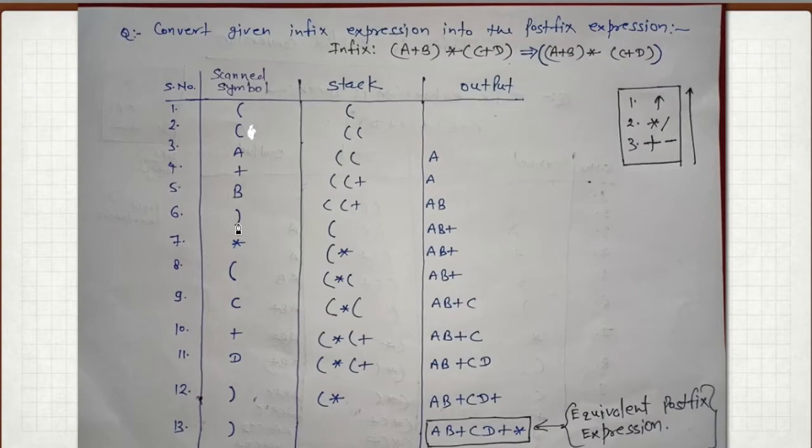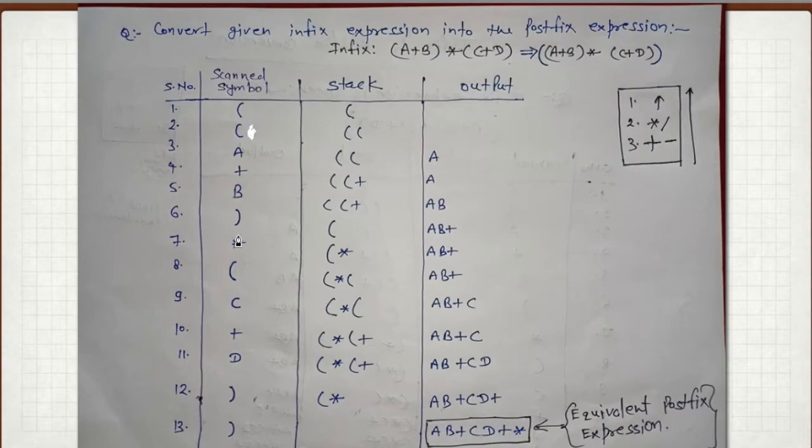When solving this kind of problem, when a right parenthesis occurs, you have to pop all the elements from the stack until you get the left parenthesis, and those elements will be put into the output. So you can see, when the right parenthesis occurs, you have to pop this plus and put it here into the output. Right? So it will be AB plus.